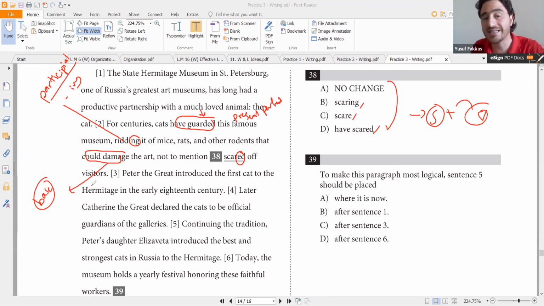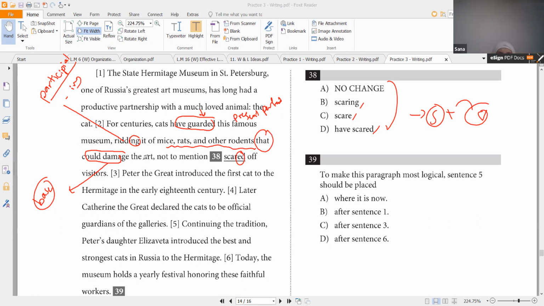Is it the cats or the rats and mice? Cats. Very quickly. Is it the cats? Are you sure? We said that the cats have protected, guarded this famous museum, ridding it of mice, rats, and other rodents that... So look, this is the subject, mice, rats, and other rodents that, we have a relative clause here, could damage the art.